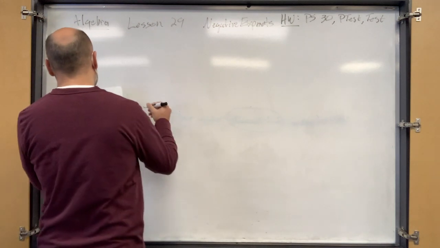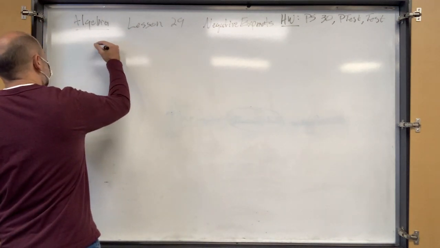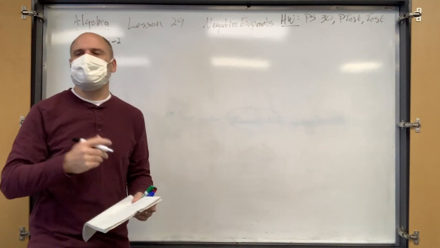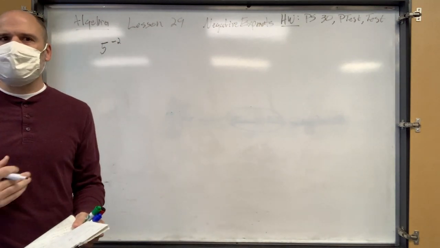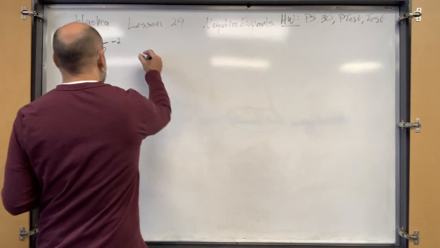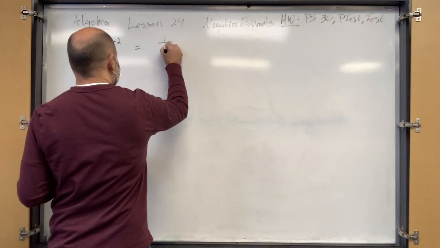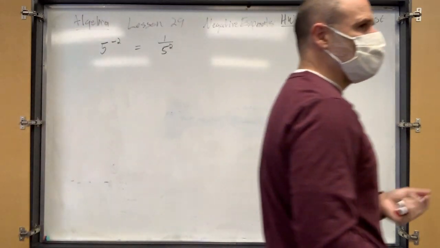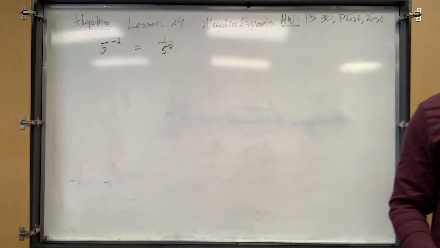So for example, 5 to the negative 2 is not 5 times 5, it's 1 over 5 squared. Basically, you're dividing by 5 two times: 1 divided by 5 divided by another 5.